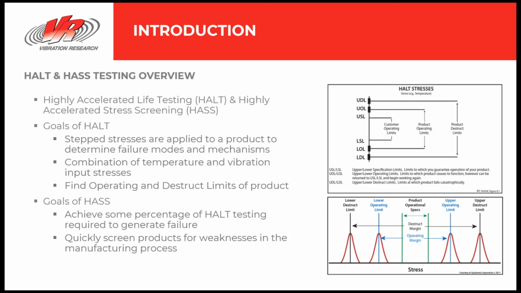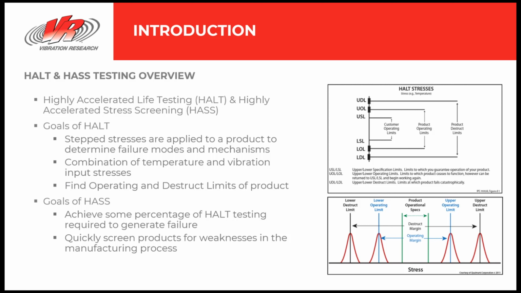One of the goals for today's presentation will be to try to minimize, as you can see at the upper destruct limit and upper operating limit, this bell curve, that margin or degree of failure. Our goal today will be to try and shrink down that bell curve, again by comparing things and getting a better understanding of what failures are being caused and at what level those failures are being generated.